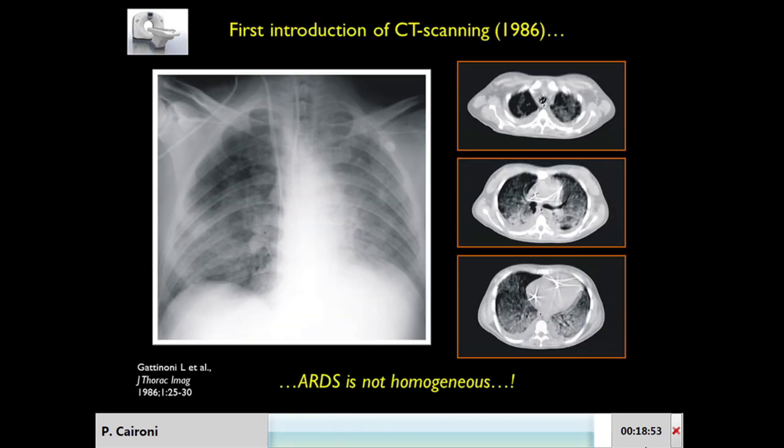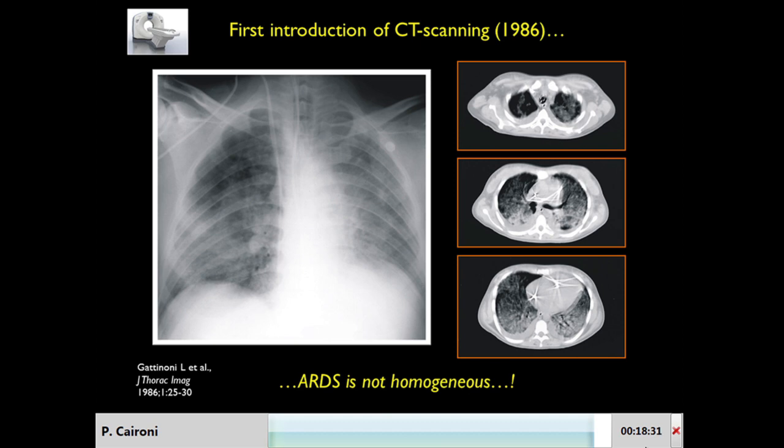The first introduction of CT scanning in ARDS dates back to 1986. I was, I think, a little child; I was not there. This was the first article published. At that time, two different groups, more or less in the same months, decided to take an ARDS patient to CT scanning.